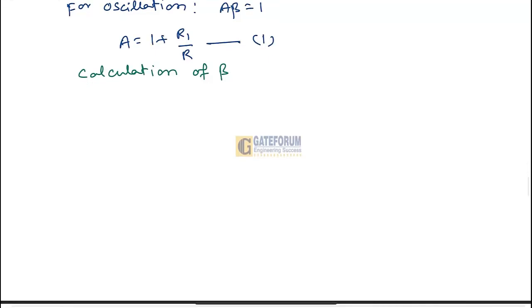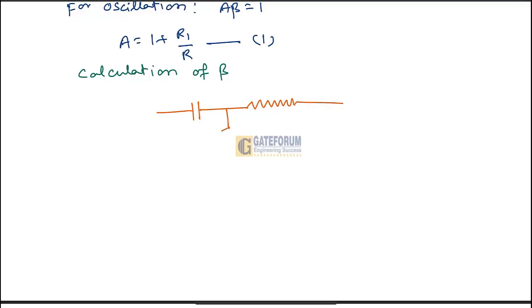If we remove this portion of the circuit, then the circuit will look like this. This is the capacitor, this is one resistor, this is another resistor, and the common ground we can separate here. This is the second capacitor.